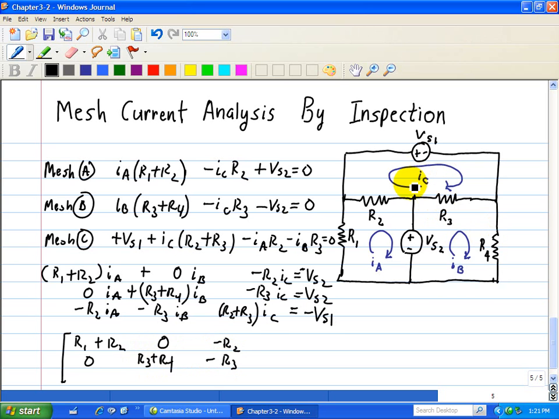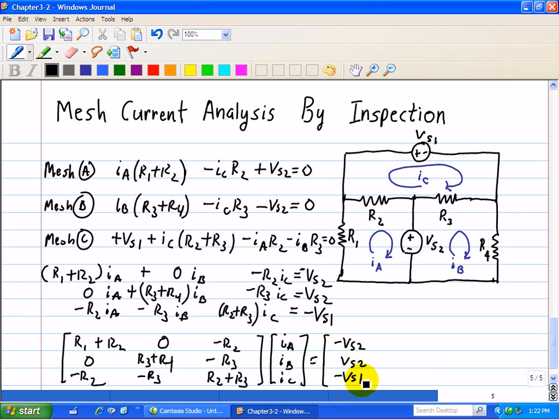Then finally in the last one, IC goes through R2 plus R3. We have a minus R2 for IA and a minus R3 for IB. So that's our matrix for our circuit, and then we multiply it by the unknowns IA, IB, and IC, and that's equal to our voltage sources. In this case it would be minus VS2, plus VS2, and minus VS1.